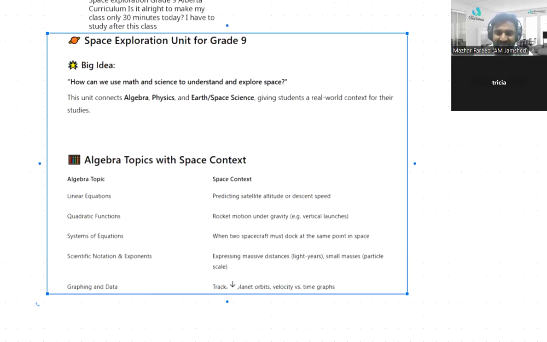The time taken to reach from one space portion to another is very easy to understand. When we use the linear equation, we can utilize their descent speed, the speed at which they revolve in orbit around any planet.